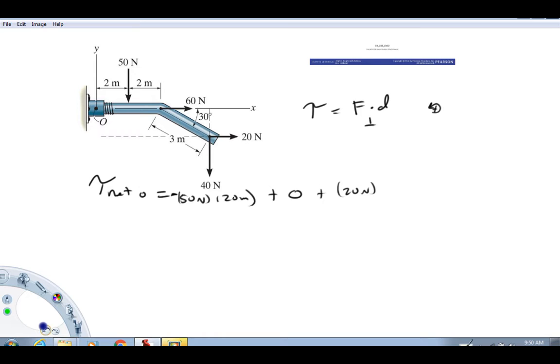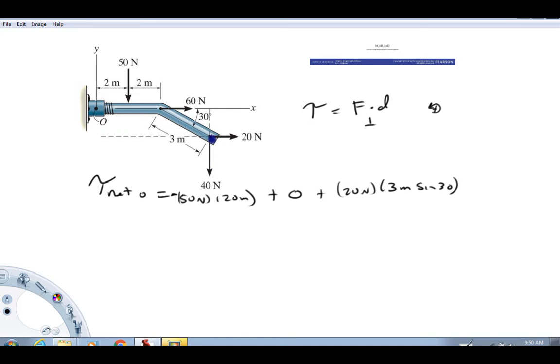If you look at this triangle, the hypotenuse is 3 meters and that's a 30-degree angle. So that distance is 3 meters times the sine of 30 degrees. Now I'll evaluate the plus and minus signs. This force makes this structure want to rotate counterclockwise about O, so that torque term is positive.